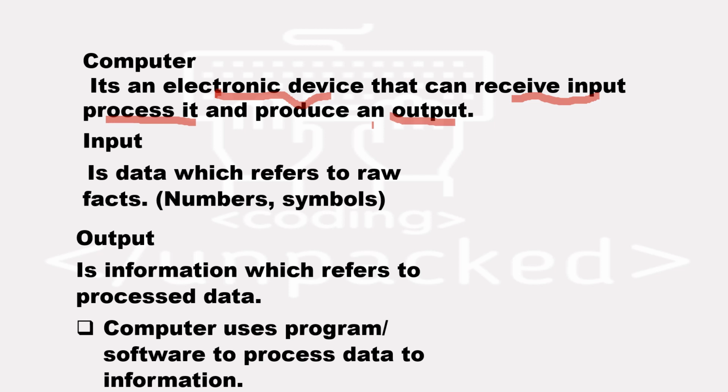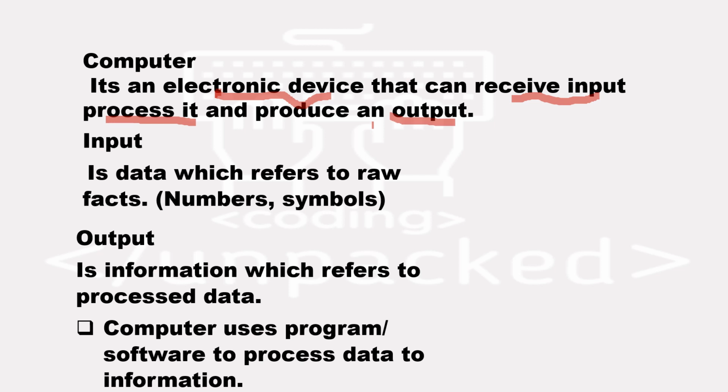Let's take an example of a laptop. You type in your CV or your document, then the laptop will receive it, and then it will process it, and then it will give an output.